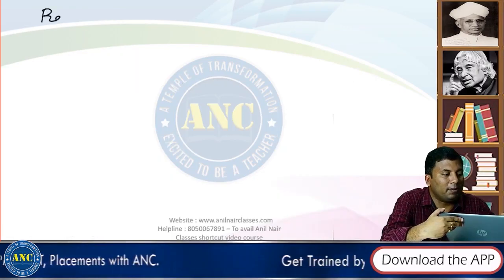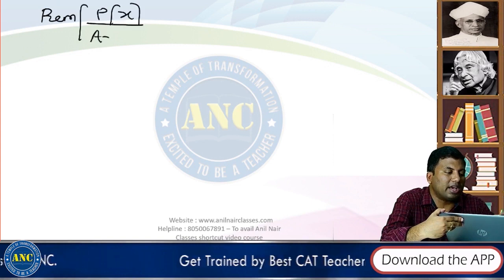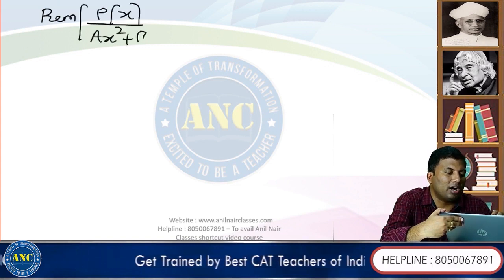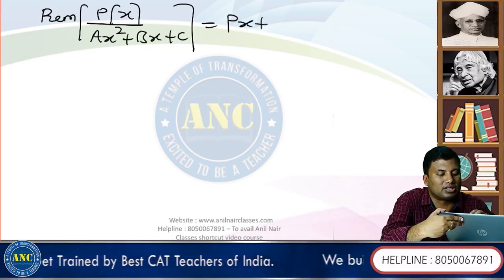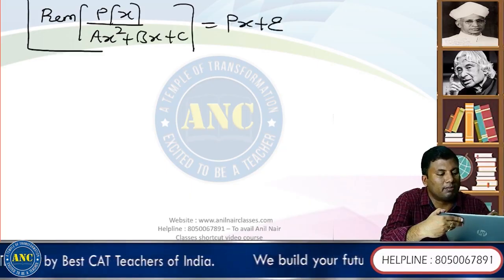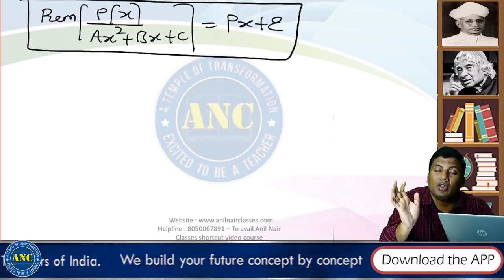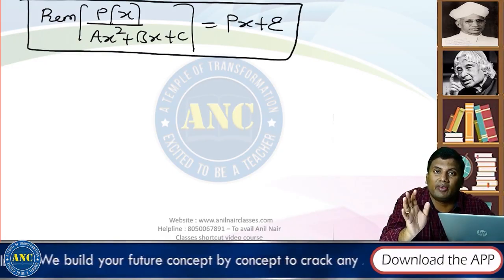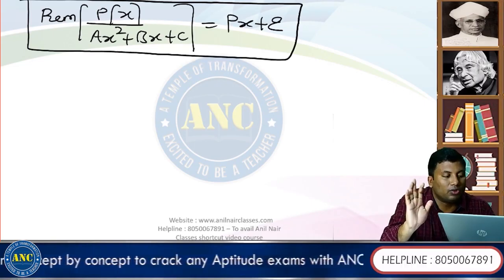When a polynomial function is divided by a quadratic expression, the remainder is 1 degree less than quadratic, so it is px plus q. Degree 2, worst case remainder is degree 1. Degree 3, worst case remainder is degree 2.